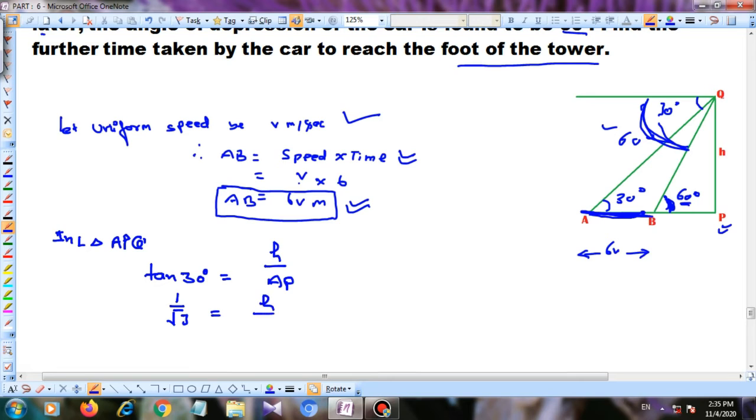This will become h upon AP, right? Here the distance AP can be split into two parts, AB plus BP. The distance AB is 6V, so this will become h upon 6V plus BP, right?